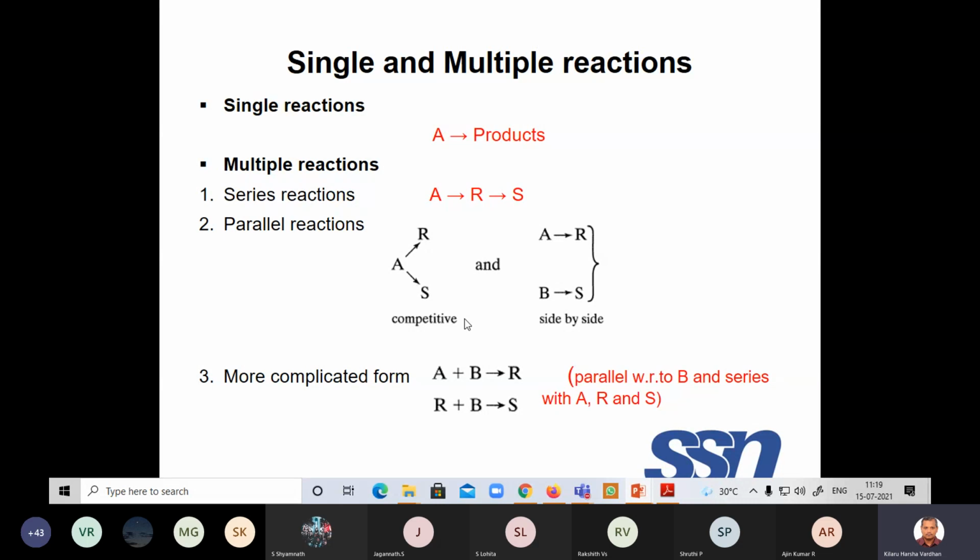And there can be a series reaction like this. A is giving R, and again A is giving S because R is reacting with B to give you S. So there will be a series and parallel combination. If there is a combination like this, it will be very complicated, and to write the rate becomes very difficult.